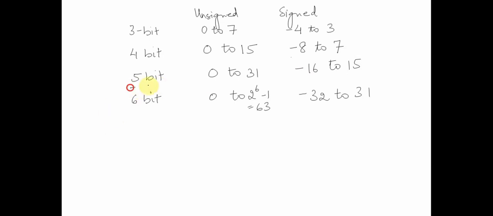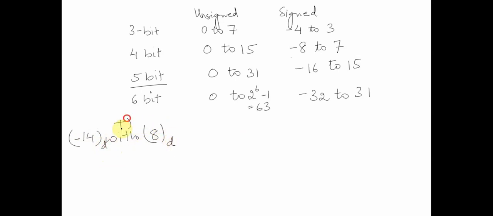Let's assume we are having a 5-bit signed representation, and we have to add -14 with, say, 8.